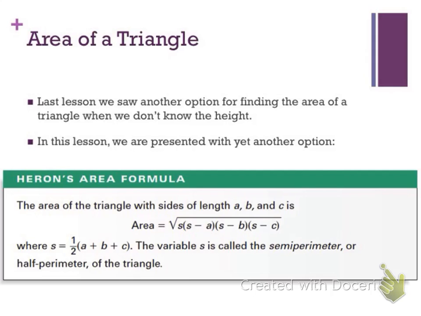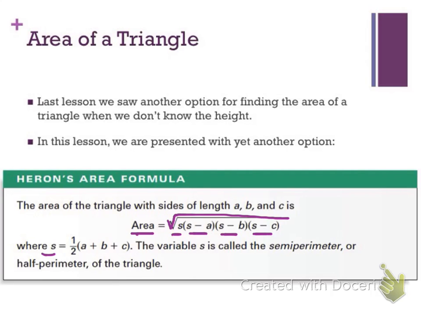And the formula says this: in order to find the area, we need to take S times S minus side A times S minus side B times S minus side C, and then take the square root of that whole thing.